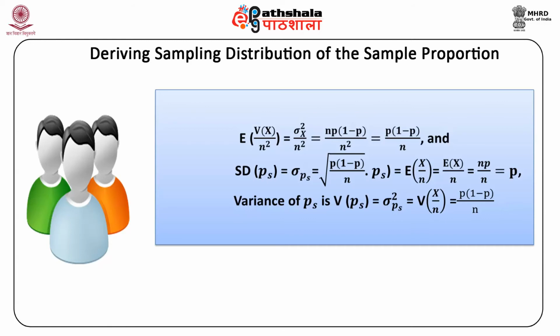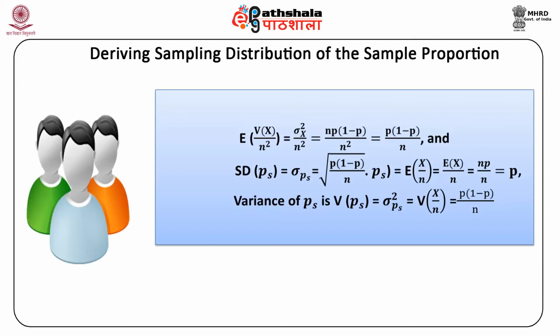This is equal to the variance of x divided by n square, which is sigma x square divided by n square, which is n into p into 1 minus p upon n square, which is p into 1 minus p by n. And the standard deviation, sigma ps, is equal to under root of p into 1 minus p upon n.